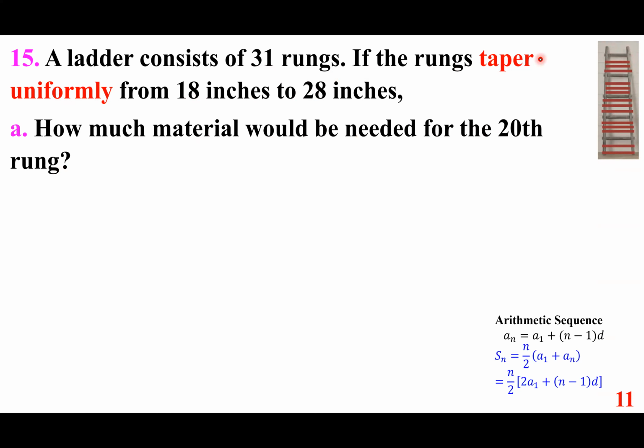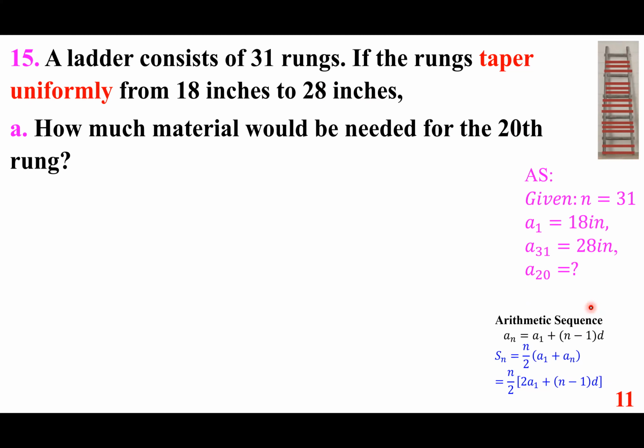And when it starts, it's at 18 inches and it gets larger and larger uniformly. And the last one is 28 inches, which indicates we are adding a common value, a common distance, and therefore we need to be concerned with the arithmetic sequence. So notice that we have an arithmetic sequence.